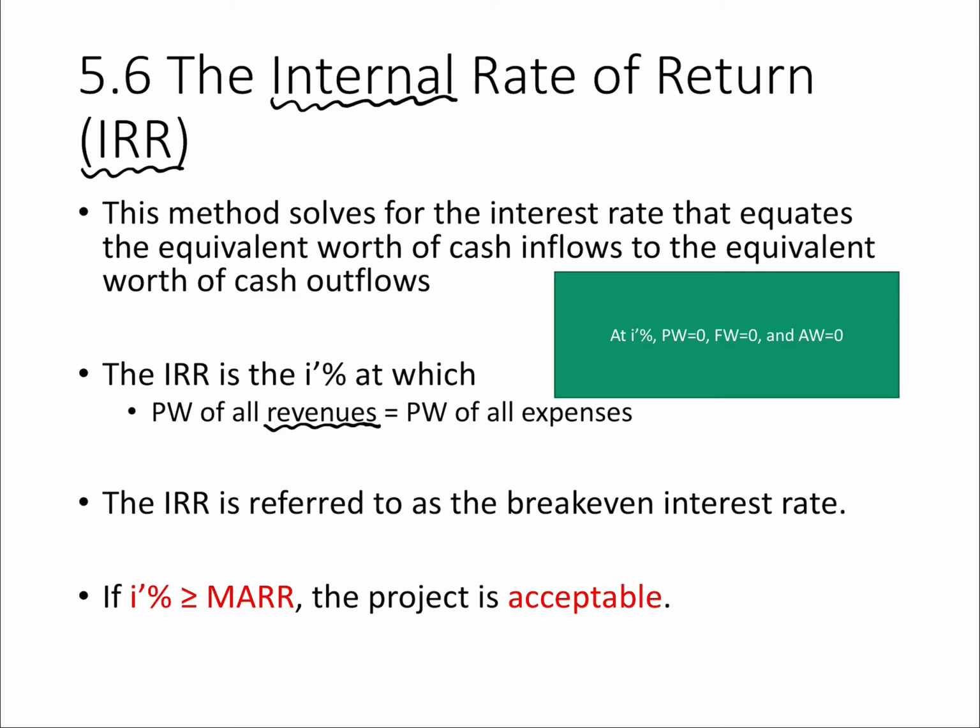The equivalent worth of all the cash inflows, you can consider it as the revenue, right? Because every year you have income. At the end of the timeline, you may also have income. All of these incomes, if you convert them to the present worth, that's the present worth of all the revenues. And also, you might have costs and expenditures going on. You need to pay the initial price to buy the equipment.